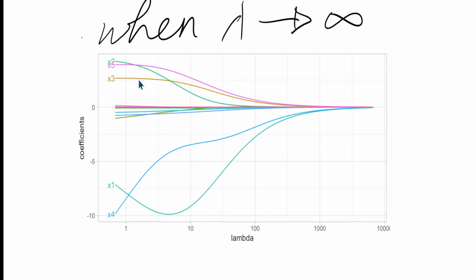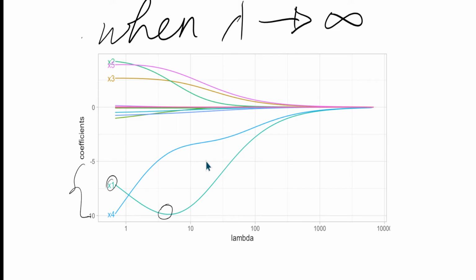Let's say in this ridge regression model, lambda goes from more than 0 until approximately 1000. When you look at these variables, for example x1 and x4, you see x1 doesn't look stable. It's fluctuating.